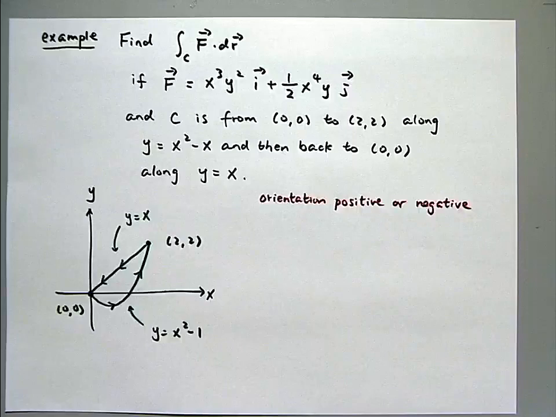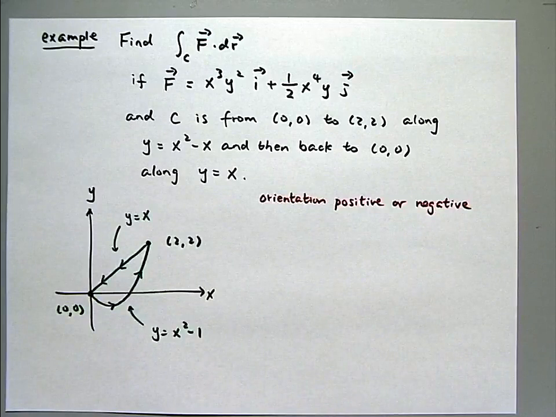First thing we have to make sure is that we determine the sense of the orientation, whether we're traveling in a positive orientation or a negative orientation. So for here, what do we have and why? Look at the direction of this path here. Is it positive or negative? Positive, why is that? Counterclockwise, exactly, yep.